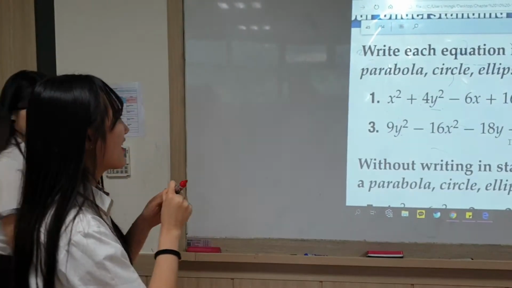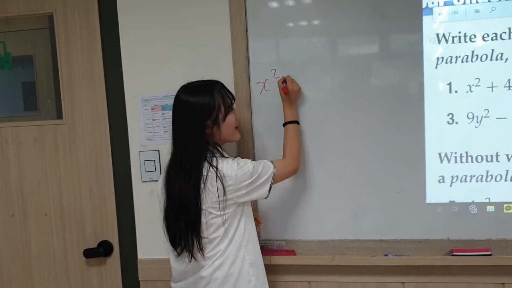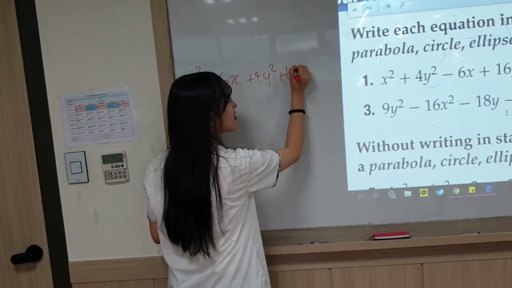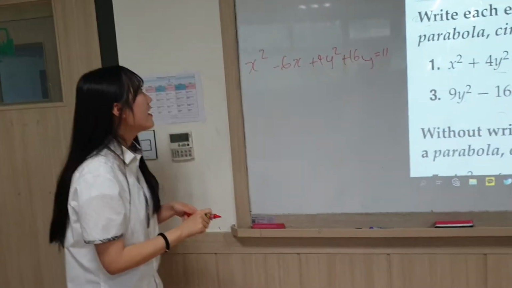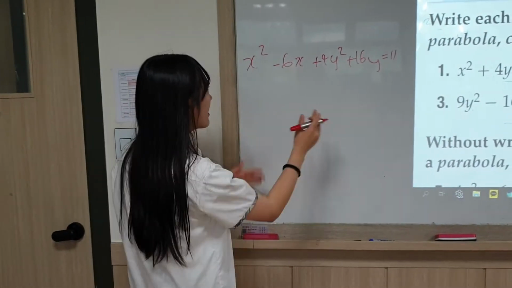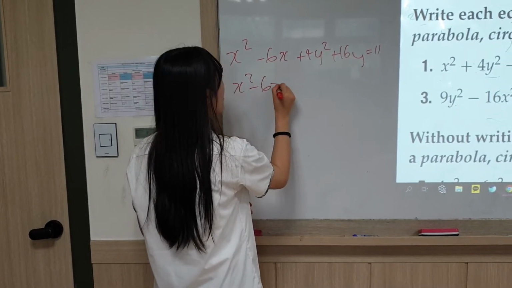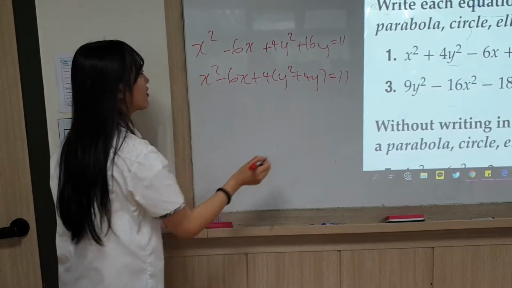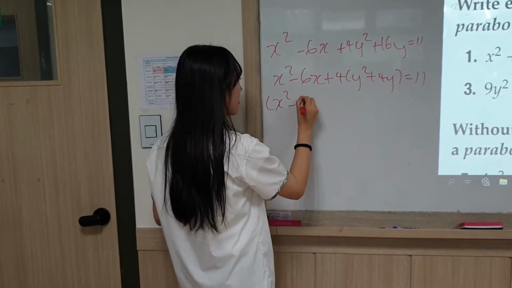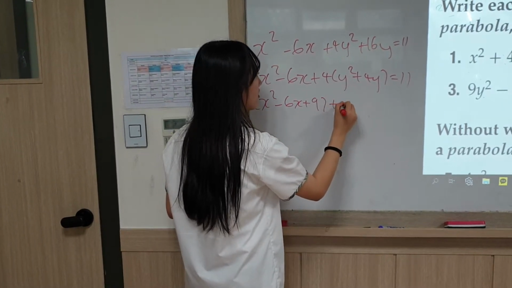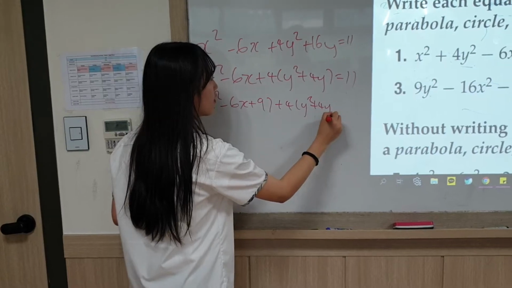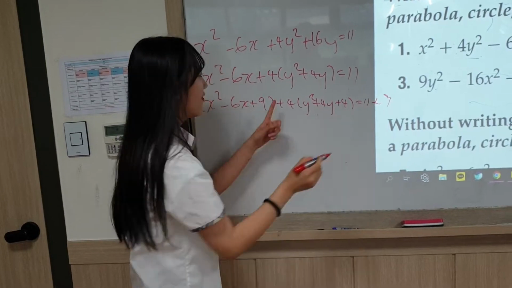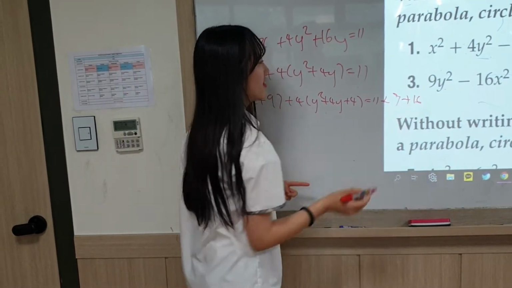Like I said before, I'm going to organize x squared minus 6x plus 4y squared plus 16y equals 11. And then we are going to take out 4 from the y side, and it's going to look like this. And now we're going to use perfect square. And then we're going to add 9, 4 times 4, 16, which is equal to 36.